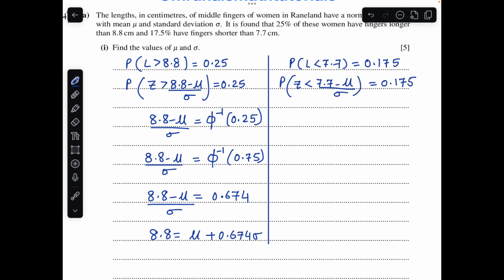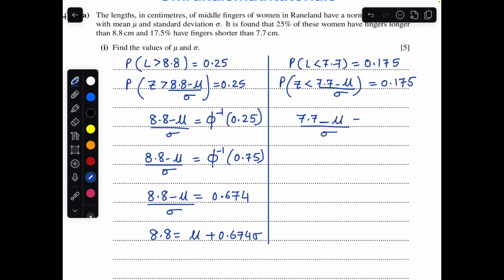Let's work out the equations for this side. So you're having less than and less than, so the z-score has to be negative. So 7.7 minus mean over sigma is going to be negative phi inverse of 0.175, which you cannot calculate. So you do 1 minus that. So this is going to be negative.